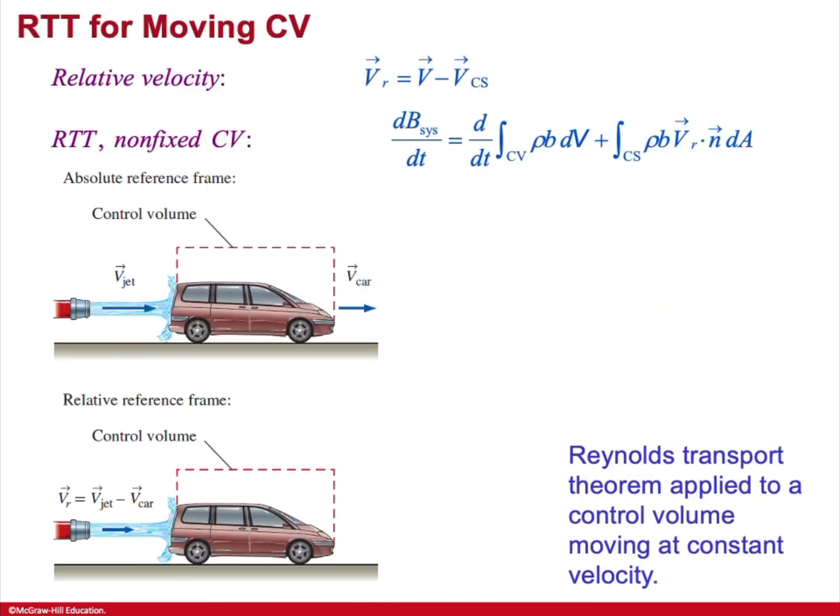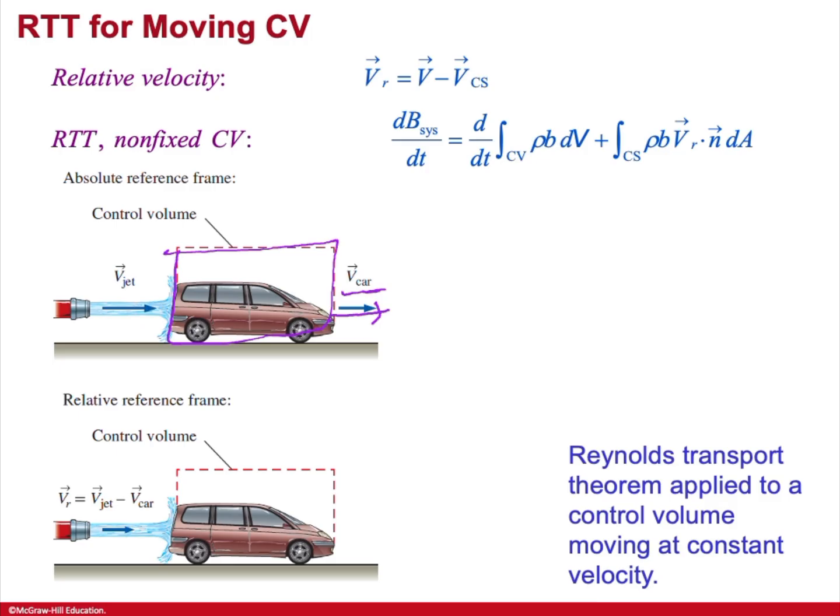Similarly, you can modify it slightly when you're dealing with a moving control volume, right? Since it's a moving control volume, your control volume is moving with a certain velocity v, right? So let's say you're talking about this jet impinging on this car, and this car is moving with a certain velocity v car, that means the control volume is moving with that velocity, right?